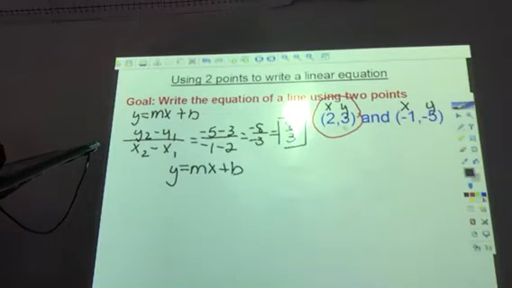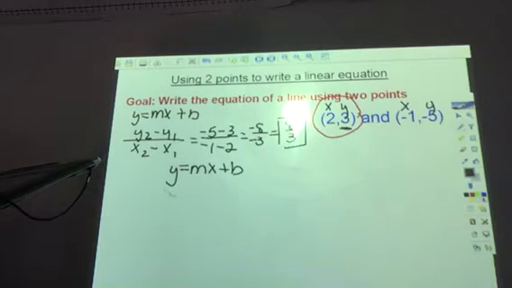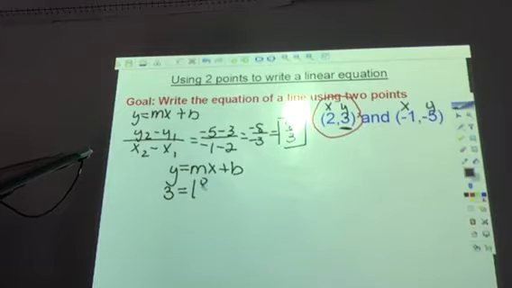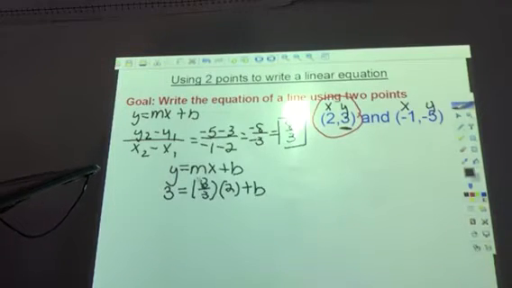So my y is 3. My slope is 8/3. And x is 2. Now all I need to do is solve for b.